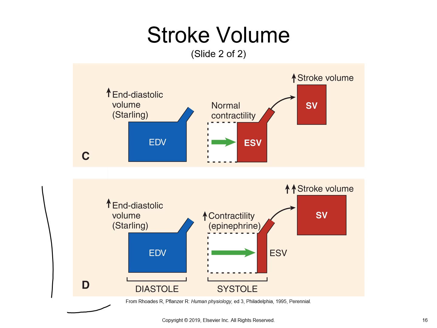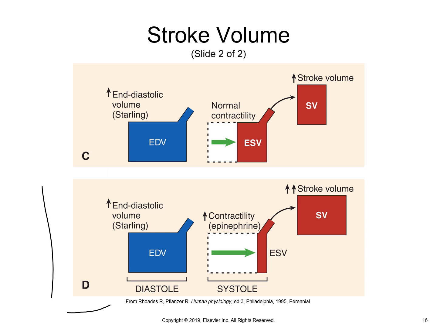And last but not least, diagram D is just showing us epinephrine's effect again. So in the second diagram, we add epinephrine, which makes the heart contract even harder, and this reduces the amount of blood left after contraction, so it lowers the ESV. So with higher EDV and also lower ESV, stroke volume increases even more. So this happens when the body needs more blood flow, like during exercise or even stress.